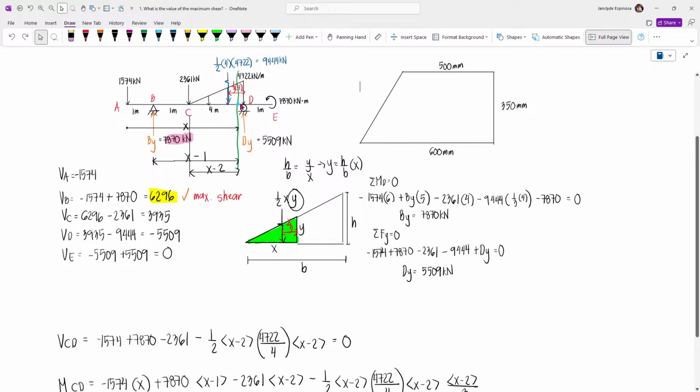For segment CD, di ba, ang distance na to is from the left man gid na, mao man atong origin. So, ang distance ani niya kaning segment CD, di ba, ang limits is from 2 meters from the left end up to 6 meters from the left end. So, dapat, akong guess value, dapat, in between ra ana ang limits.